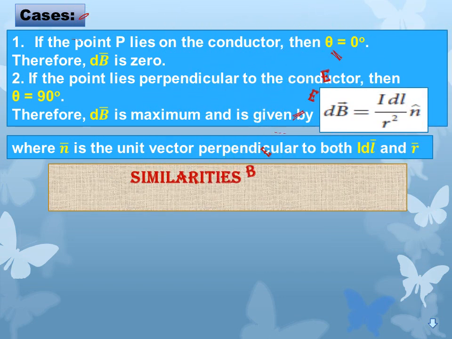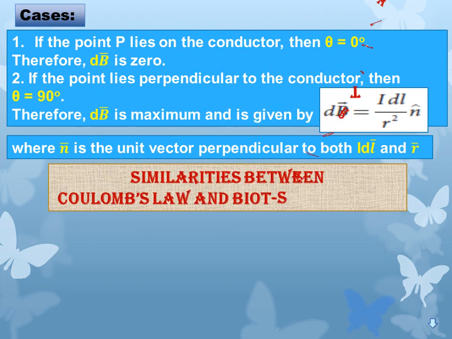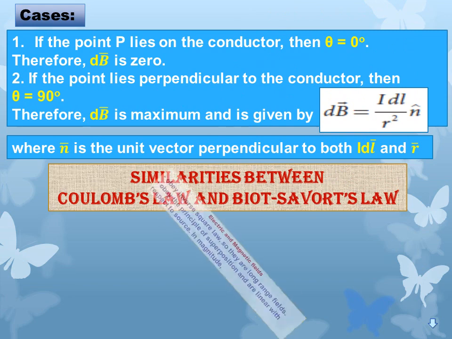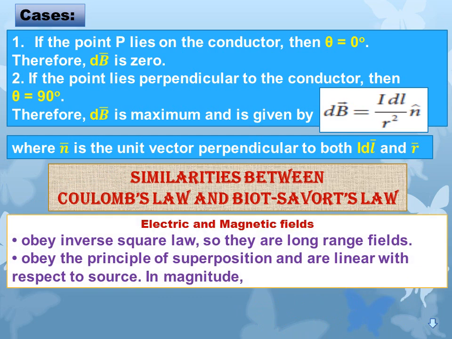Next, similarities between Coulomb's law and Biot-Savart law. What are the similarities? In electric and magnetic fields, these laws obey the inverse square law, so they are long range fields.